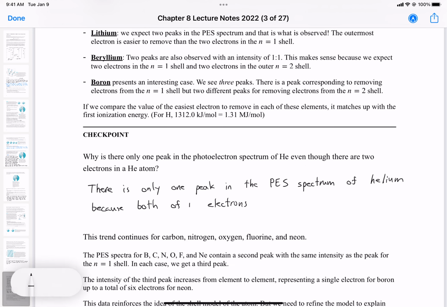So if both electrons are in the same s orbital, they have the same energy. So because both of its electrons have the same energy, that's something we should think about.